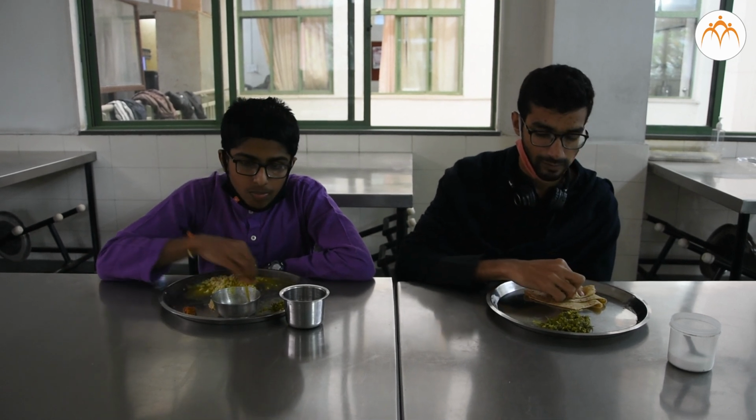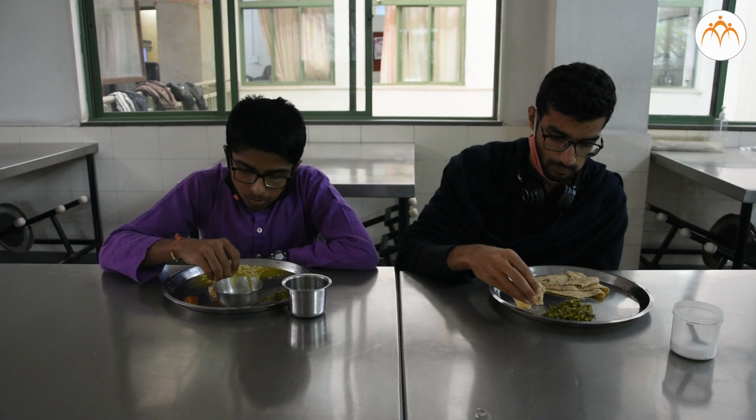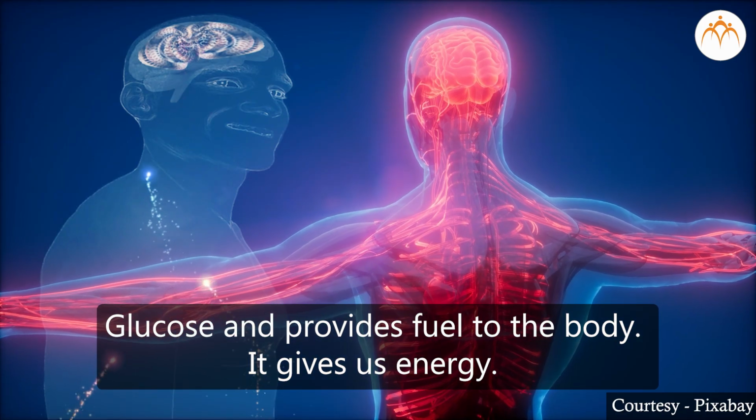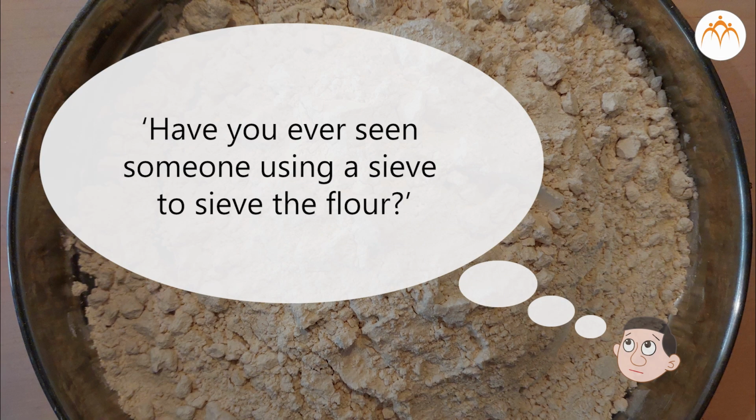Have you experienced that slowly and properly chewed chapati also tastes a bit sweet after a while? See children, when starchy food is digested, it becomes glucose and provides fuel to the body. It gives us energy.